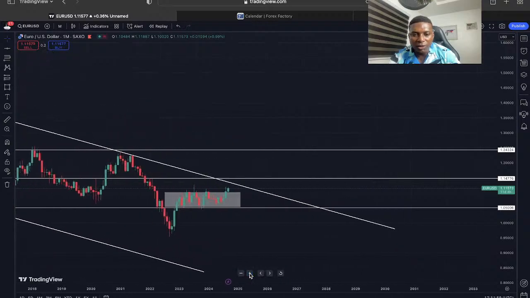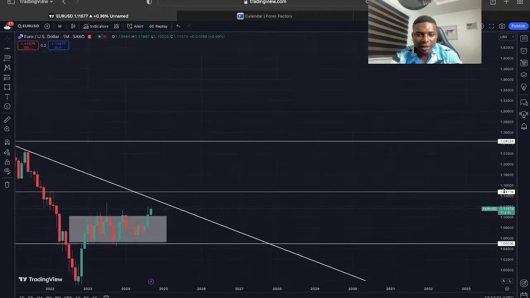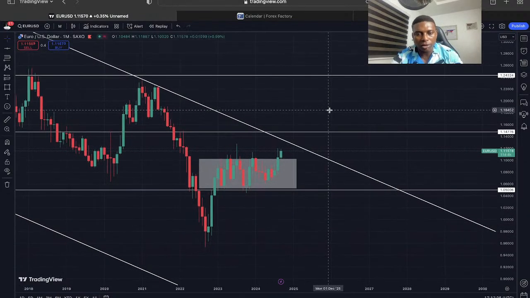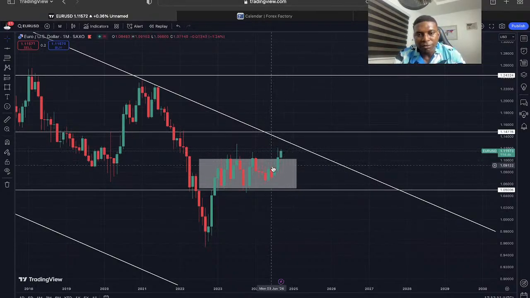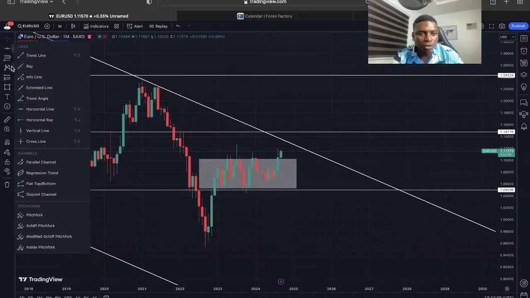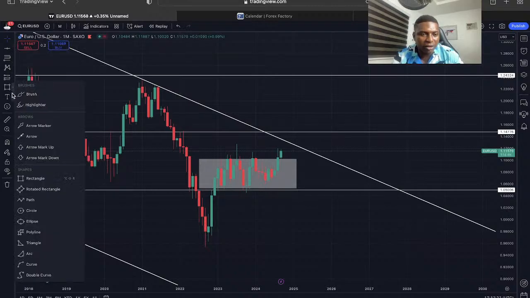But when we look closely now, it's a different ball game playing out on this monthly time frame. With this kind of momentum and this breakout from this level, we might see price touching as far as here.